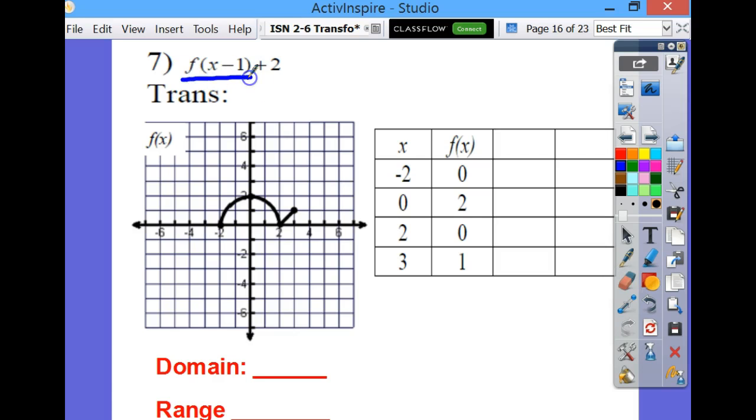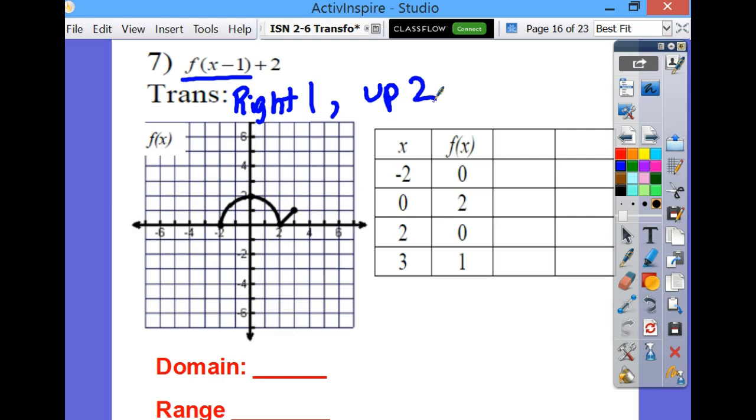What is this going to do to your graph? How far? Right 1. There's a horizontal translation to the right. What is the plus 2? Is it going to flip it over any? Any flips in this one? Any reflections?